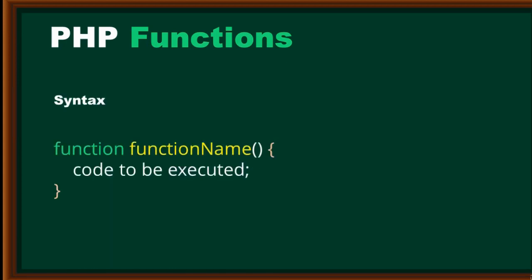So this is the basic syntax for creating a user-defined function. You start with the word function, followed by the function name, and then you've got the parentheses, and you've got the curly braces. The code to be executed is placed between the curly braces.